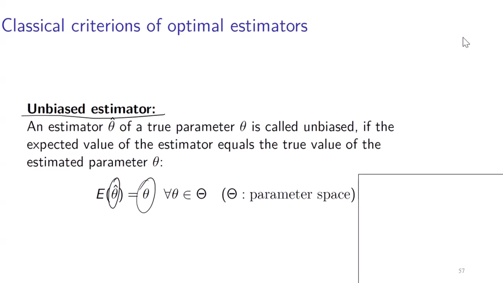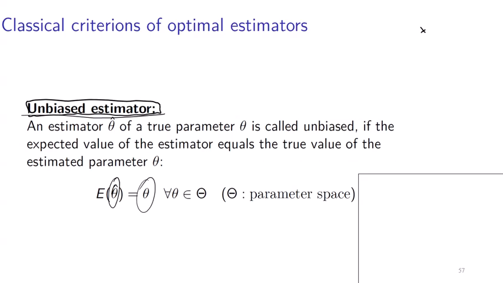Hello, everybody. Yes, we were in the multiple linear regression, and last time we talked about classical criteria for optimal estimators. If we want to choose an estimator, it would be a good choice to have a so-called unbiased estimator, so that we do not make in general an error, because the expected value of our estimator should be the true value itself.